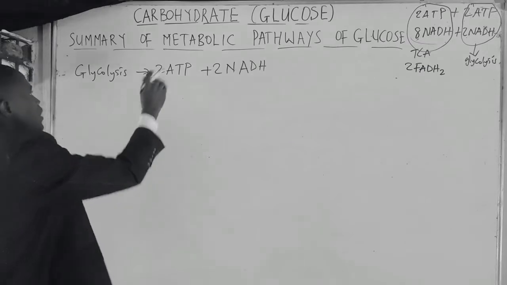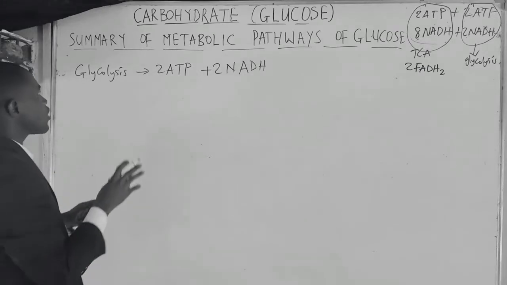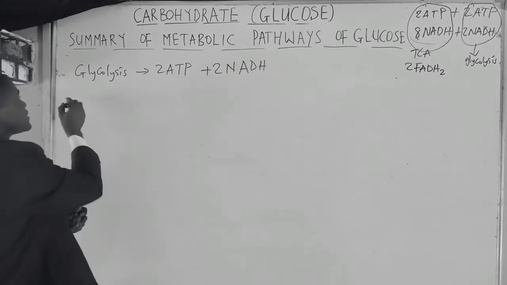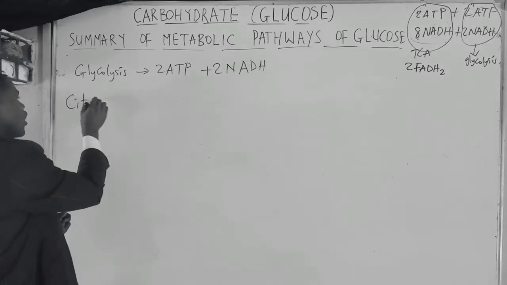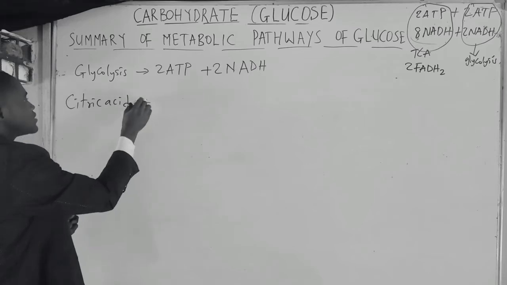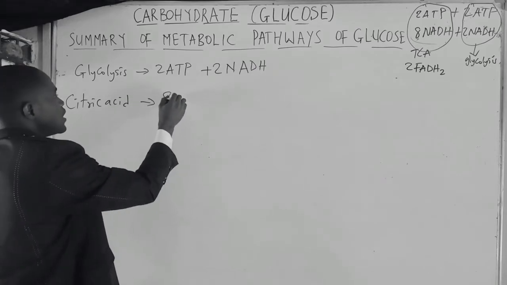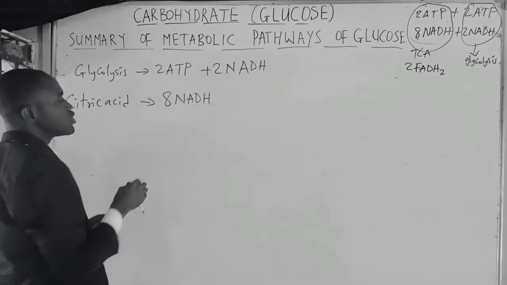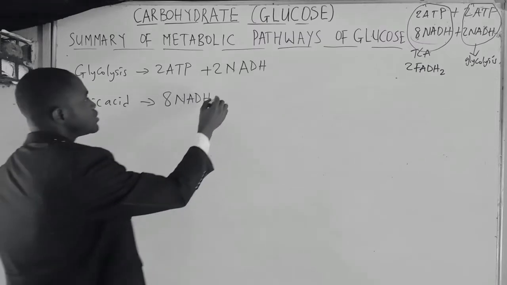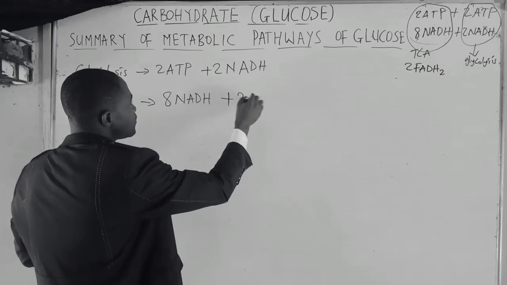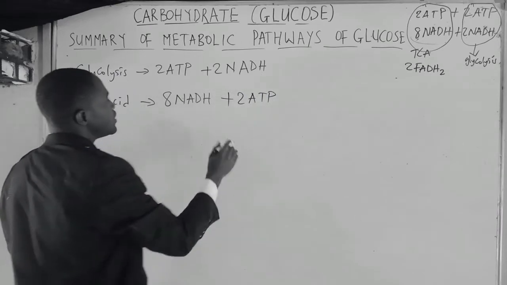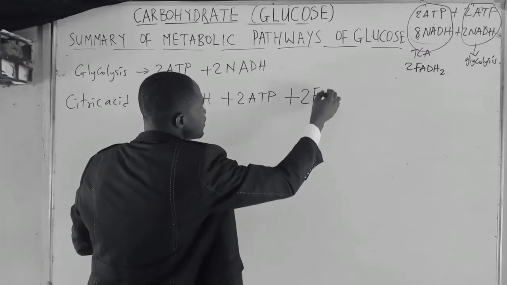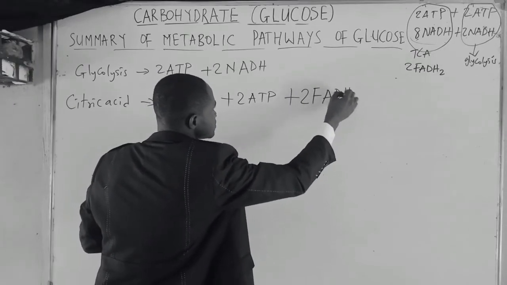Then, as the end product of glycolysis, which is pyruvate, enters the citric acid cycle, we also realize that a total of 8 NADH will be produced, that is, reduced nicotinamide adenine dinucleotide, with 2 ATP, energy in the form of ATP, and another 2 reduced flavin adenine dinucleotide.